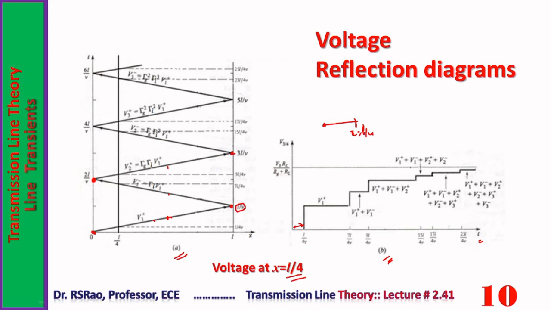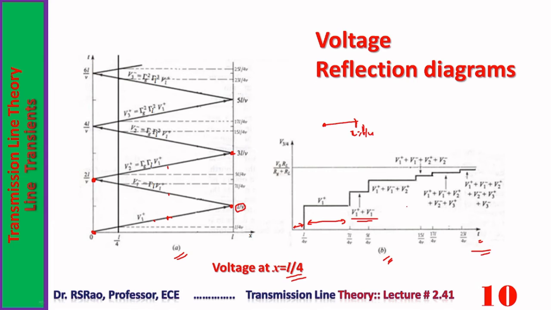After L by 4V, because of the first forward wave, a certain voltage has come at this point. After 2L by 4V, at this point, now there are two waves, one forward, one reverse. Both contribute to the voltage. It is V1 plus V1 minus. So as time passes, more and more waves start contributing to the voltage at this particular point.